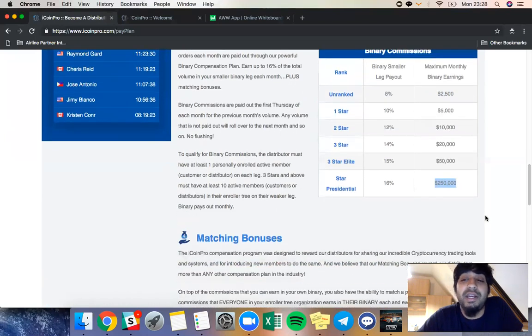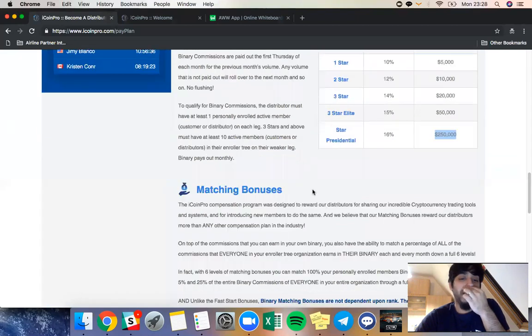This is a crazy monthly earning if you're a star presidential. So that's the ultimate goal for many people, to reach that. If you reach $250,000 per month, it basically is good for team builders to see this potential that you have in the company. So it's really nice to see.